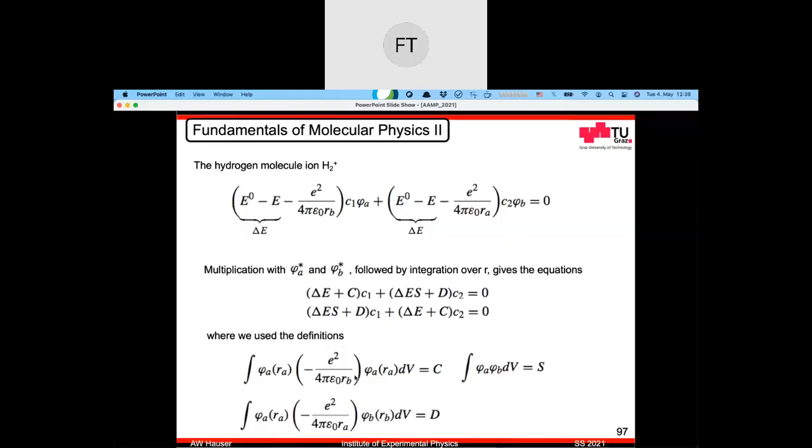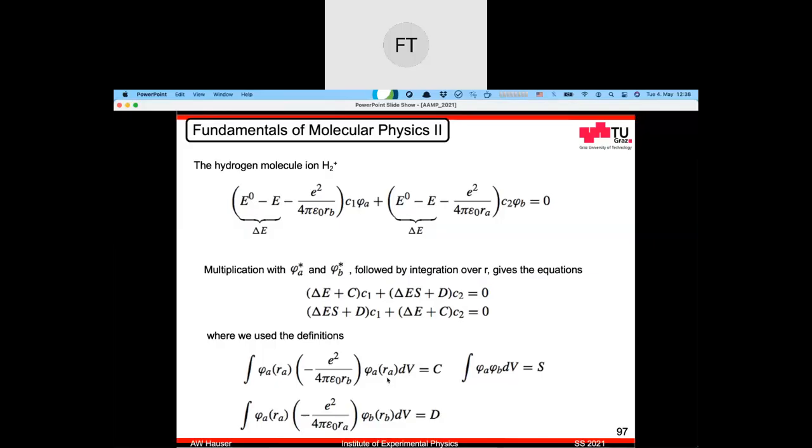And the other thing that can happen is an integral where I have two different orbitals meeting, with the integration over the electron in phi A on the left but in phi B on the right, right? So we can call the first integral, where phi A meets phi A in the integration, the Coulomb integral, and the other one the exchange type integral.